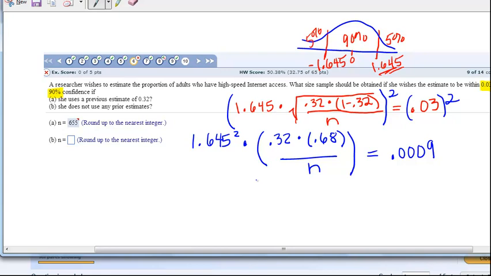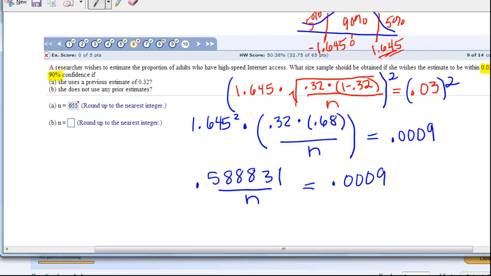Okay, so now I'm going to do the math on here. I take 1.645, square that, and then multiply it by 0.32, and then multiply that by 0.68. So then I get 0.58831, and this is being divided by n, and that is equal to 0.0009. Now I want to get n by itself. That's my goal.